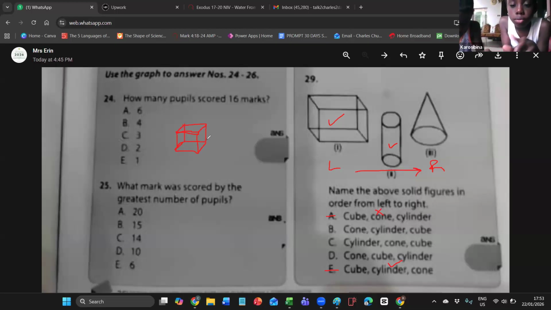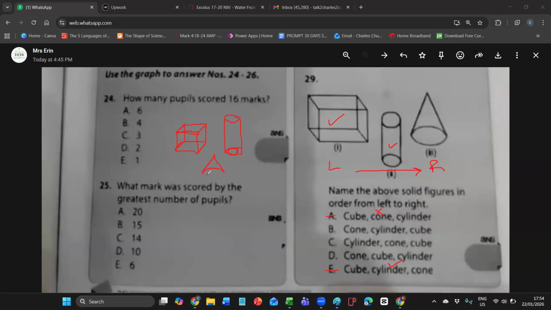Beautiful. A cylinder is just 2 circles. Circle on top, circle under, and you join them with 2 vertical lines, right? Yes, sir. Then a cone is a triangle with a circle on the bottom.